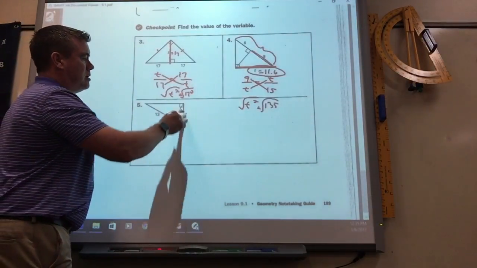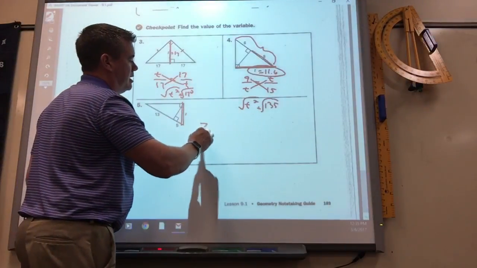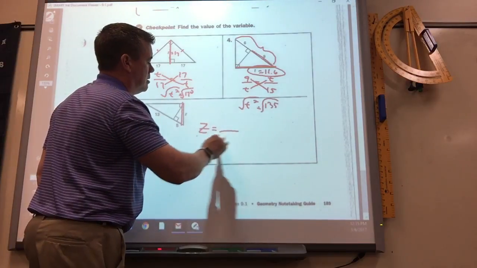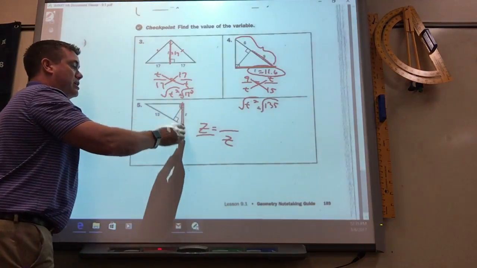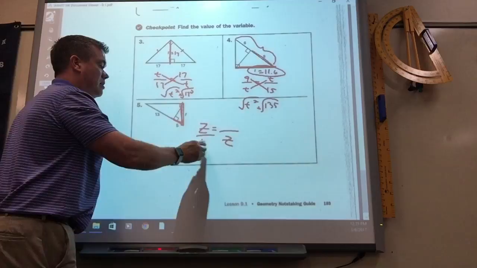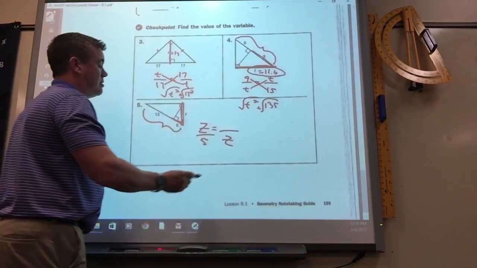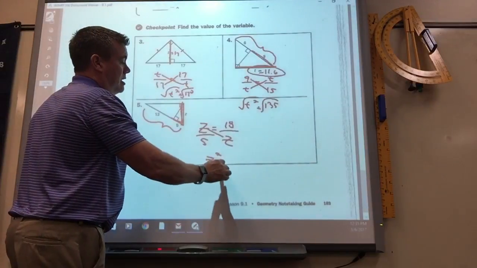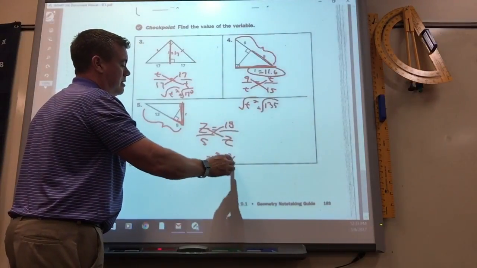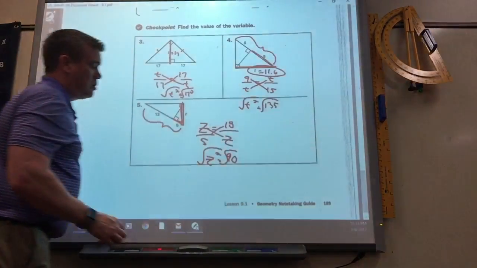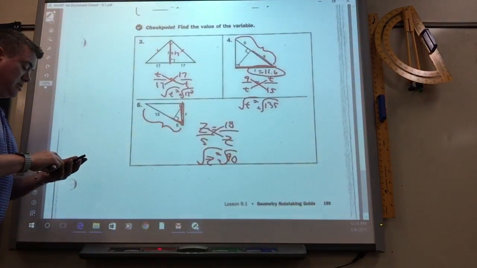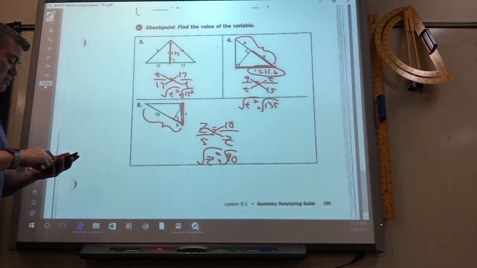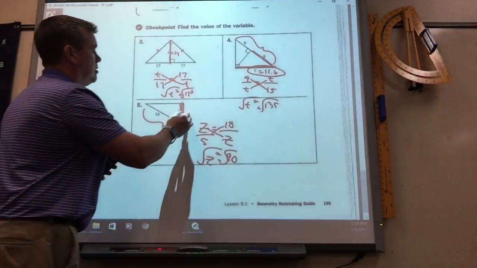And on this one, z is the geometric mean. So when it's a leg, you put the piece hooked to it and the entire thing. So z times z is z squared equals 5 times 18, 90. So you square root it, and it's 9.5.